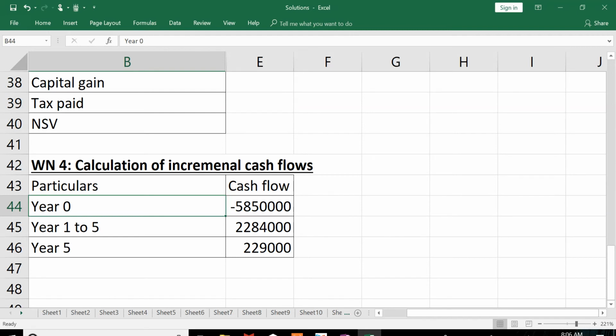But IRR, what will you do? The problem is with IRR. NPV is fine, I can do it separately and find the difference. IRR, I can't do anything. So for IRR purposes, you need this cash flow.